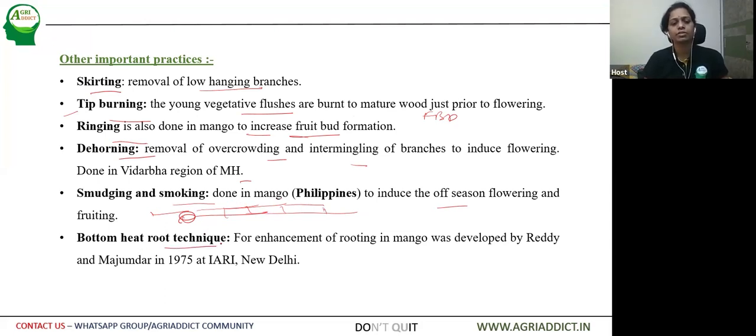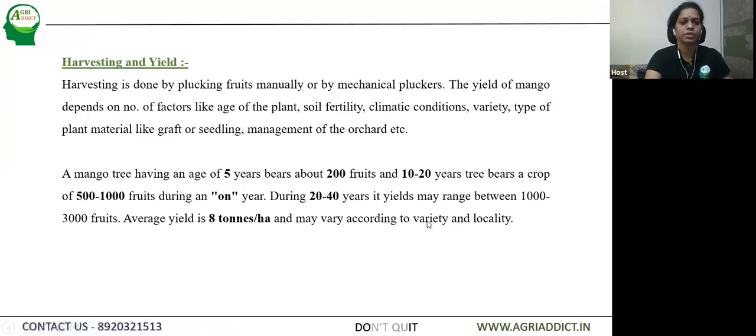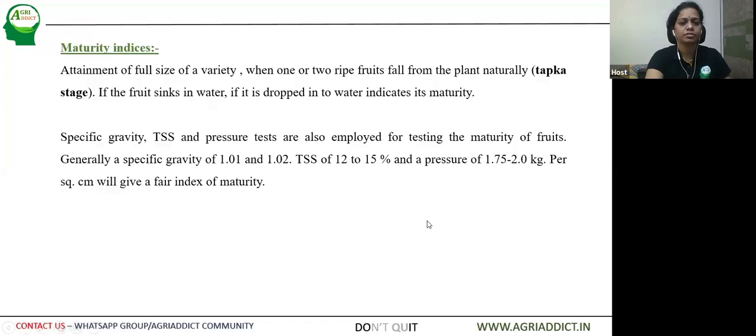Then the bottom hold heat technique has been recently studied to enhance flowering of the plant variety in New Delhi. Then maturity indices. Normally the attainment of the full size of the fruit is rendered as one of the best maturity indices.